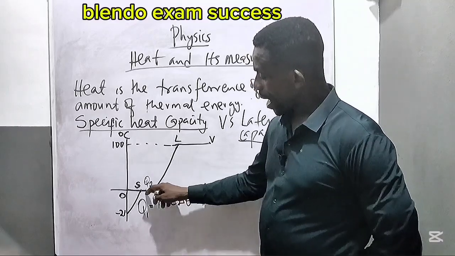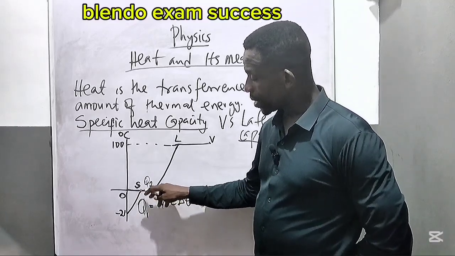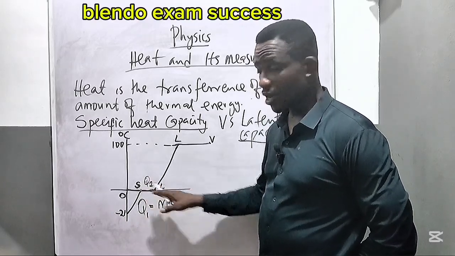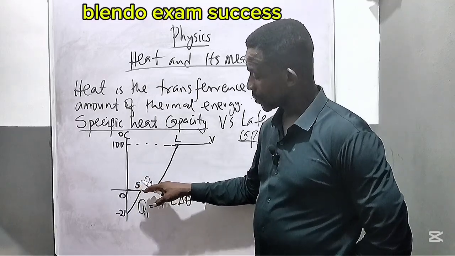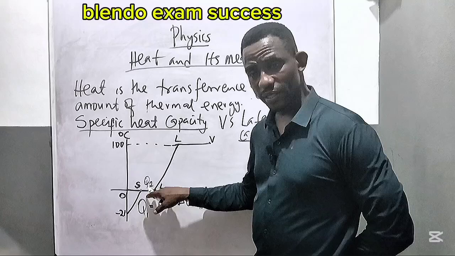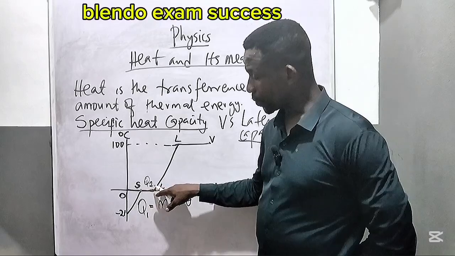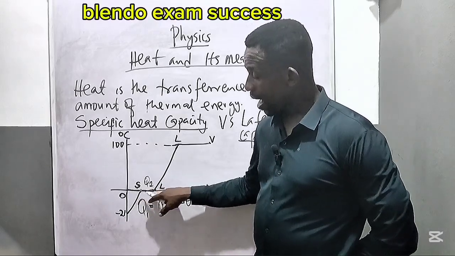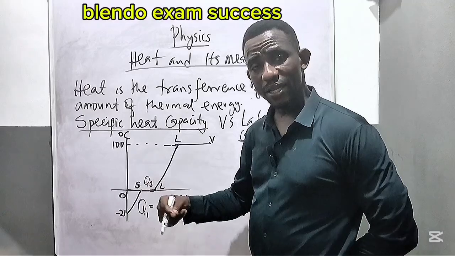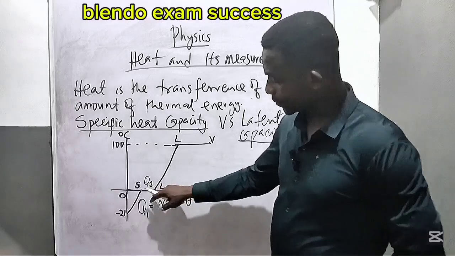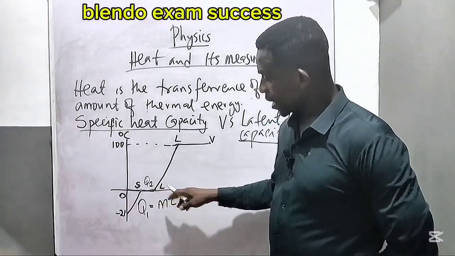So at this level, when no ice block is melting, all have turned to liquid, it is called ice water, from solid to liquid. So the liquid at 0 degrees Celsius is called ice water.